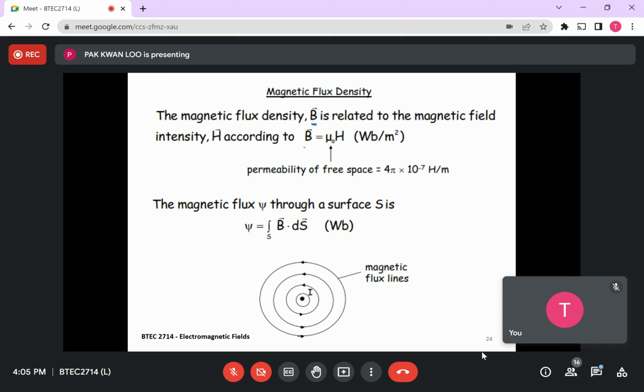So a similar, comparable term is D, the electric flux density D. Now the magnetic flux density B is equal to mu naught, which we call the permeability of free space, multiplied by the magnetic field intensity.